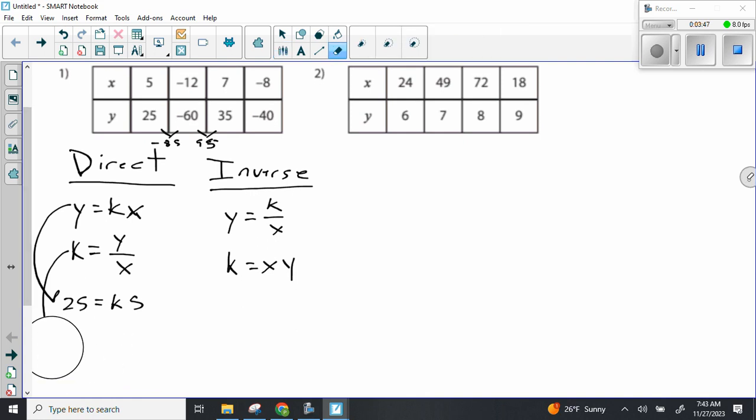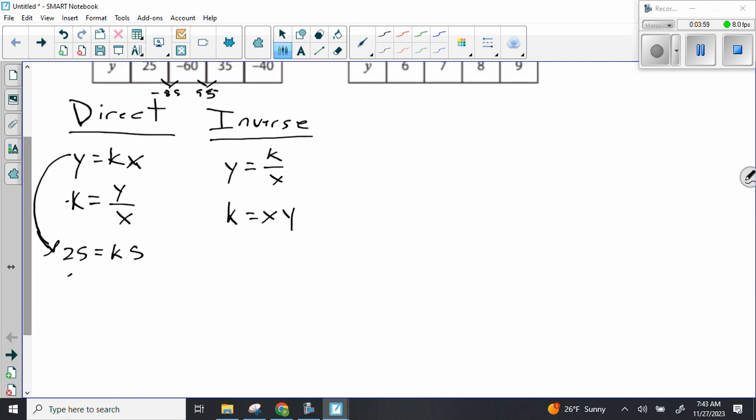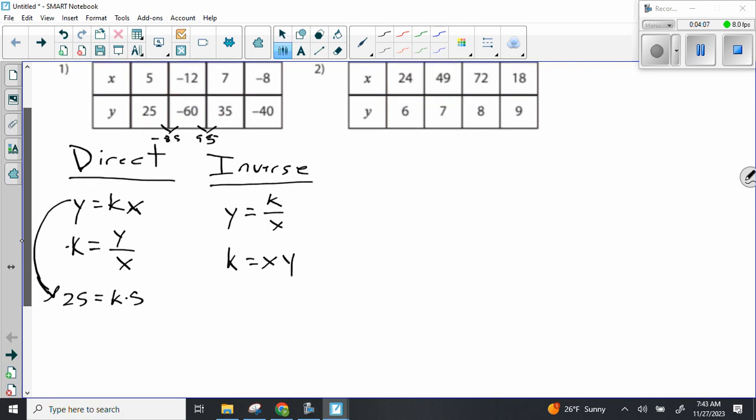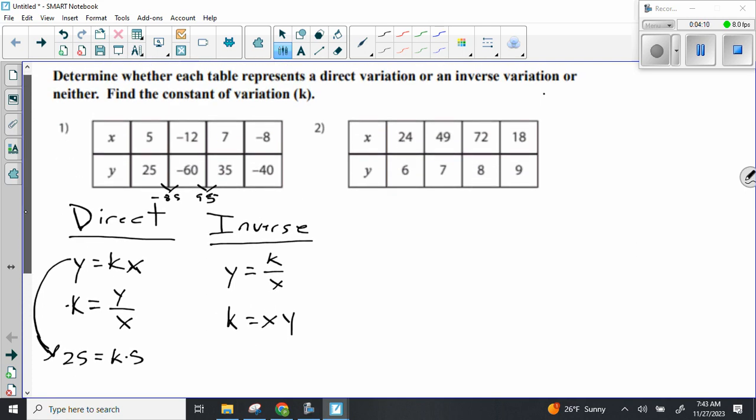I want to see, does this value of k work? Yeah, this is the issue I'm running up against. It says that k, our constant of variation, is 5. But, oh, it does look like it is 5. What am I thinking? Oh, I'm a little slow this morning. Yes, it does work. If I multiply this by 5, I get 25.